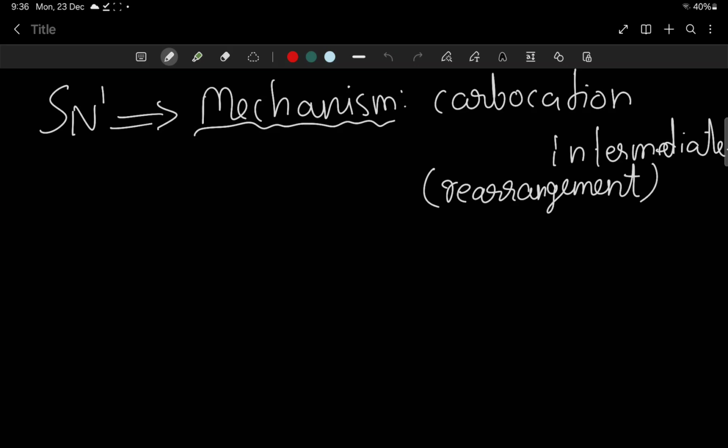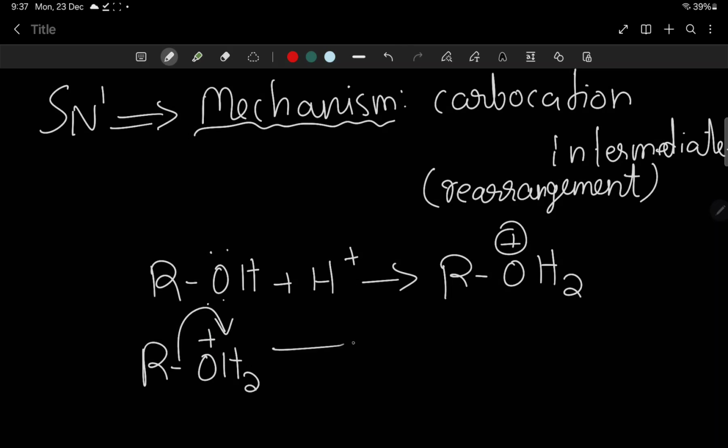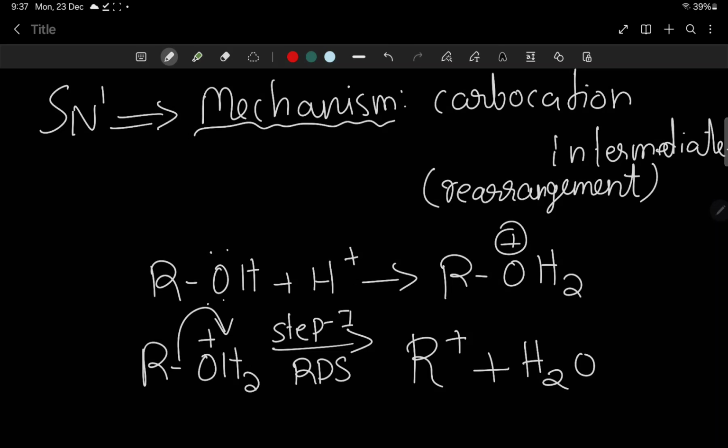So the mechanism is like this. We have ROH and H plus. The first step is the same. We get ROH2 plus. Now this ROH2 plus will simply escape in step 1. This step 1 is called the rate determining step, and we get R plus plus H2O.